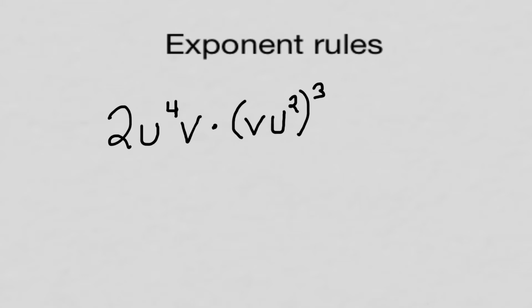All right, here's another problem that would have probably been in level 3. When you've got a problem like this, the first thing you want to take care of is the parentheses. You want to take care of the power of the power. So this cube on the outside of the parentheses applies to the v, and that applies to the u squared.